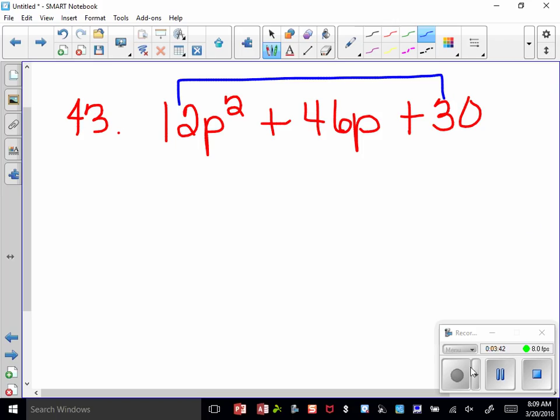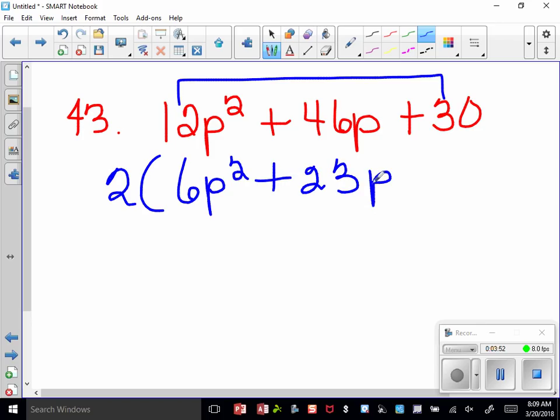Okay, what's 12 times 30? So if we take out a 2, because we actually need to do that first, we have 6p squared plus what? 23p plus 15. Okay, so now let's multiply 6 times 15.